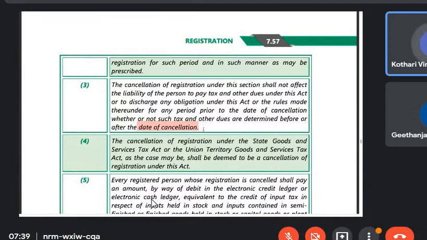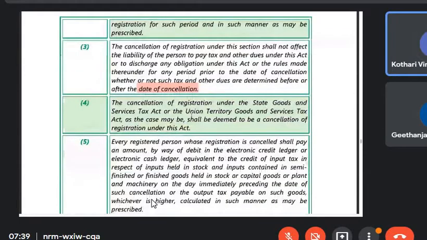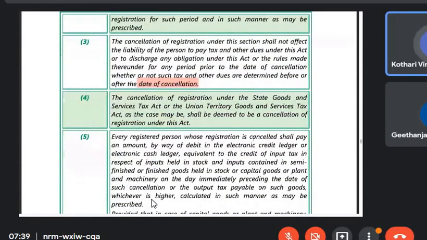If the cancellation is done, that means you are not free from your liability. Whatever tax you have to pay has to be paid. You cannot escape from that. If any liability is there, you have to pay even after the cancellation. So the cancellation under the CGST Act is deemed to be cancelled under the SGST and UTGST Acts also.